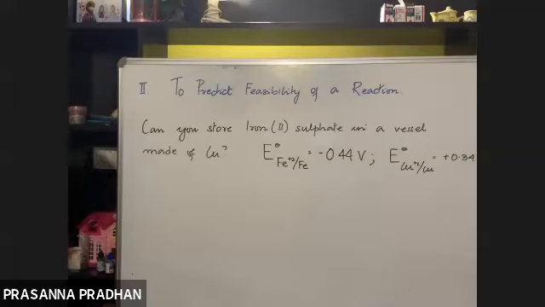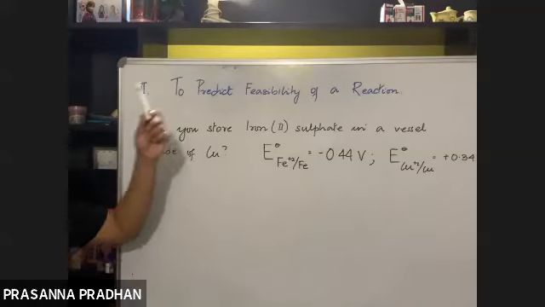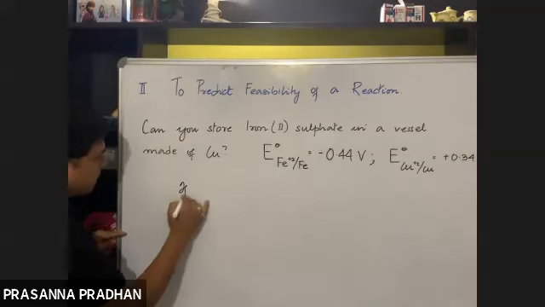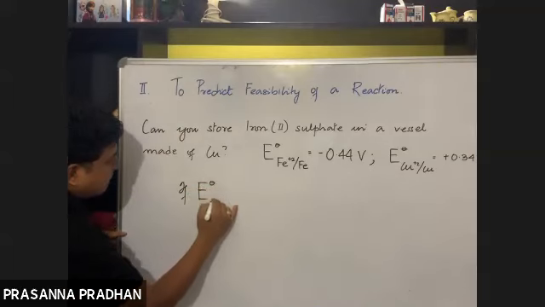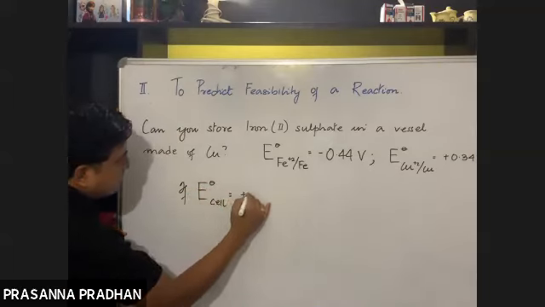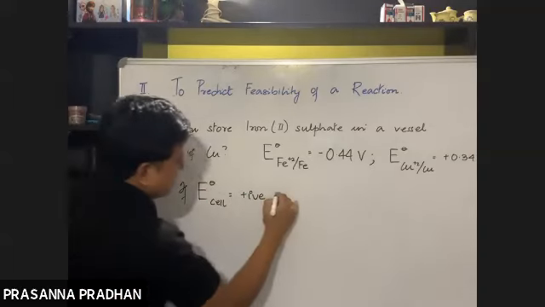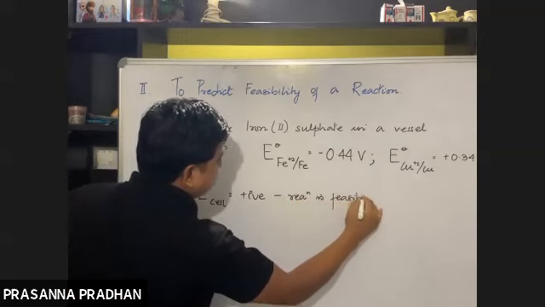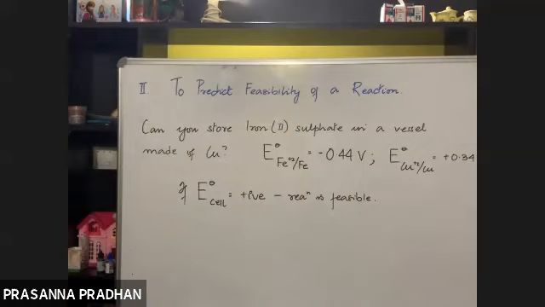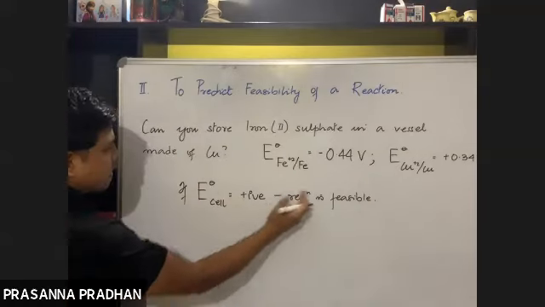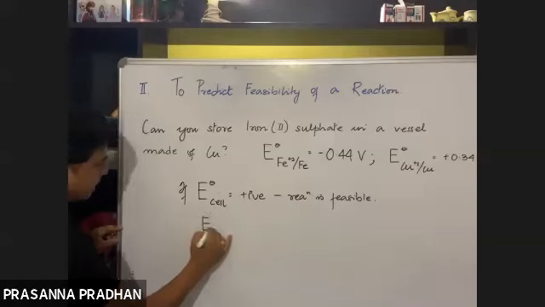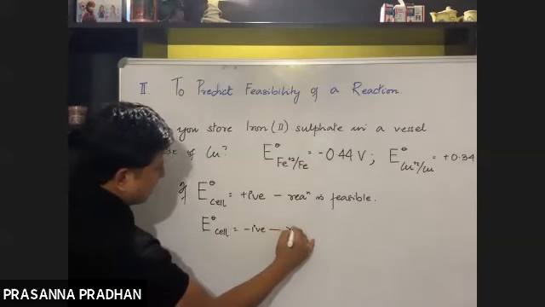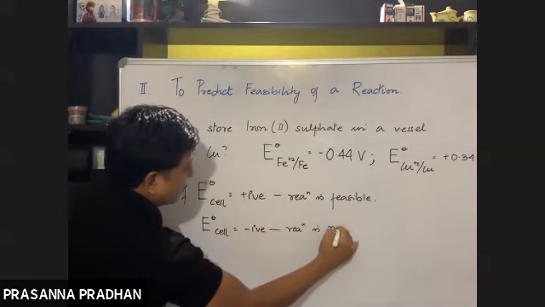So another use of this electrochemical series is to predict the feasibility. And remember, if E naught cell is positive, the reaction is feasible. The reaction will occur. And if E naught cell is negative, the reaction is not feasible.